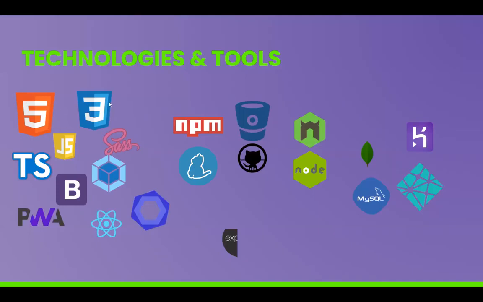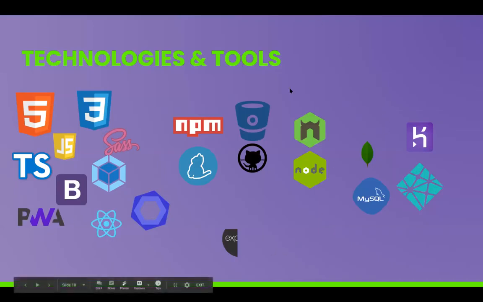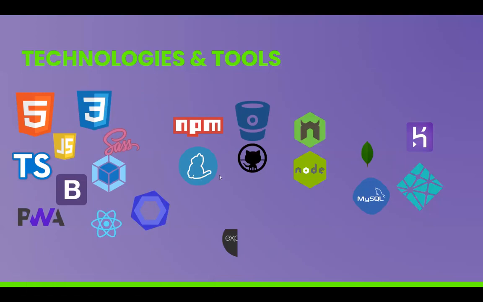This is HTML, CSS, JavaScript, TypeScript, SASS, Bootstrap, React, Webpack. Is it Webpack? Yes. Lint and Progressive Web App. And you don't have to really know this, it was just there.